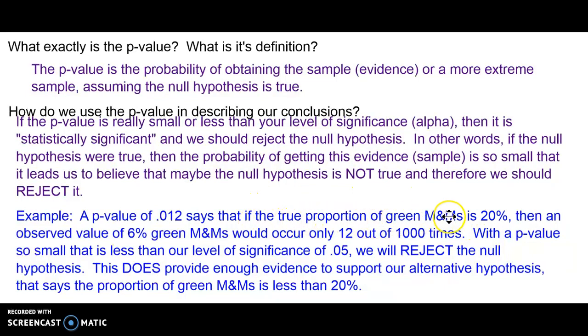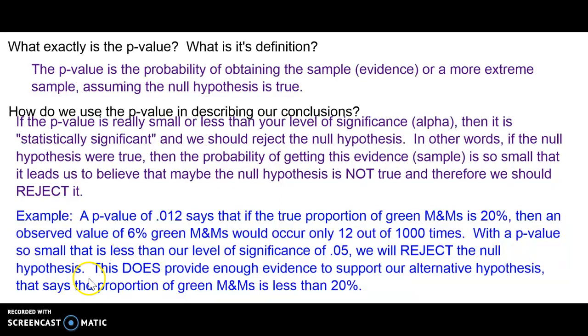If the null hypothesis is true, then an observed value of 6%, which is our sample, would occur only 12 out of 1,000 times. There's the p-value, 12 out of 1,000. The p-value is so small that it is less than our level of significance. So we will reject the null hypothesis.